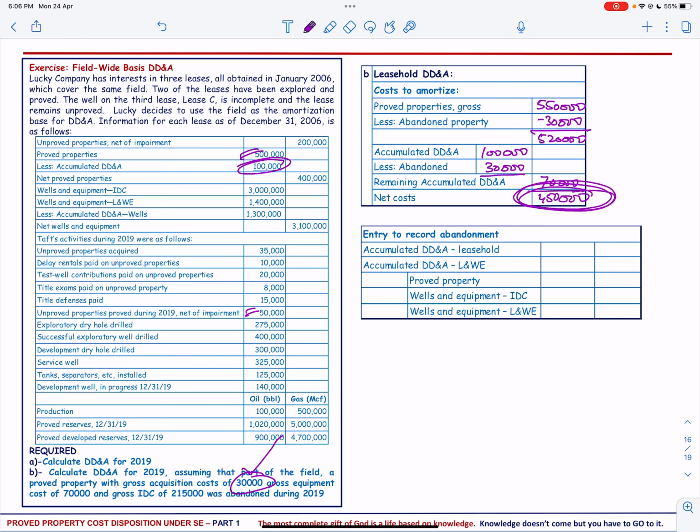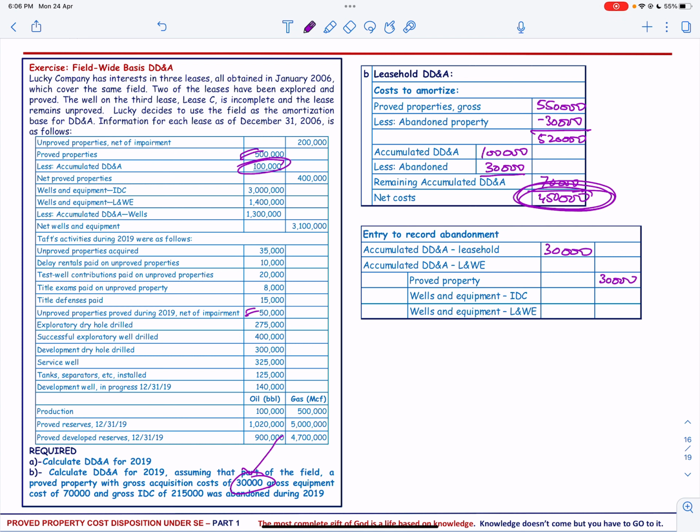So the general entry is going to be accumulated DD&A. Now we have abandoned property worth 30,000, so our proved property is going to be credited by 30,000, and accumulated depreciation will be debited by 30,000.